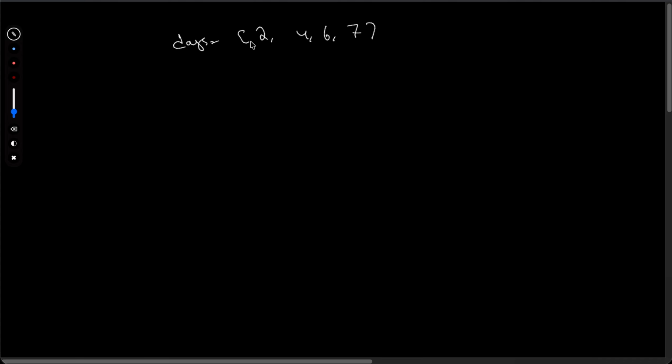So you have three types of tickets you can buy. A 1-day ticket pays for only 1 day. A 7-day ticket pays for the day and the next 6 days. And a 30-day ticket pays for the day and the next 29 days.